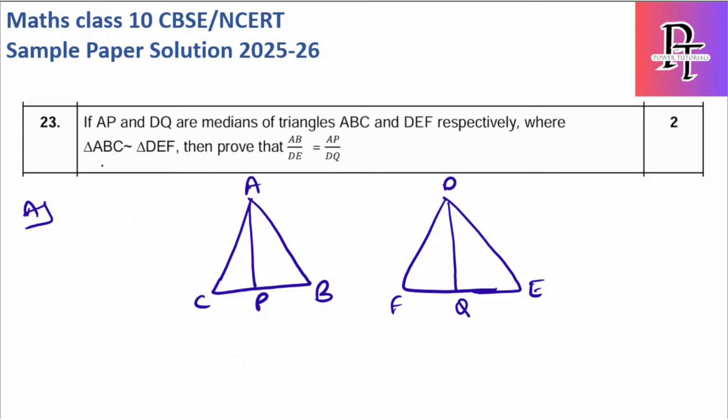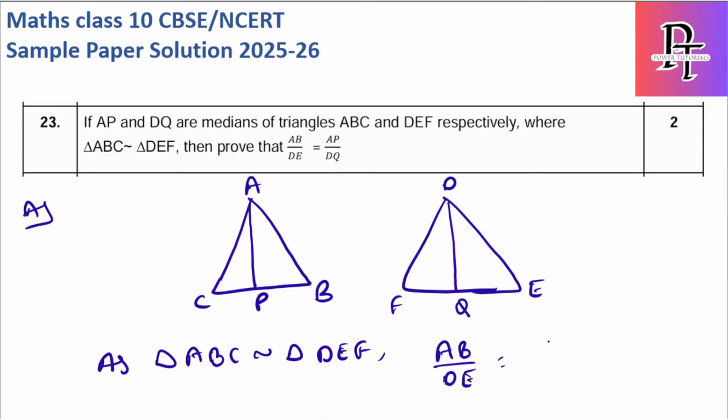As triangle ABC is similar to triangle DEF, the corresponding ratios are equal, which is AB by DE is equal to BC by FE is equal to AC by DF. Let me mark it as 1.